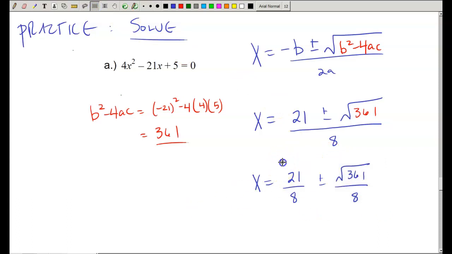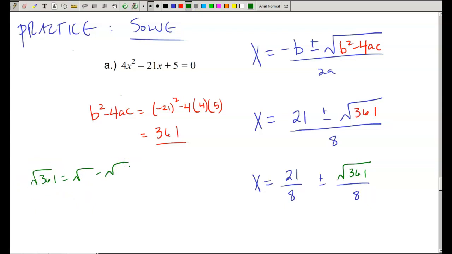The thing that I want to check here, though, is if I can reduce either one of these columns. So first, can I reduce 21 over 8? And no, I can't. That fraction I can't reduce. What about this one right here? Well, if that radical is not in simplest radical form, I would want to put it in simplest radical form. So the question is, with root 361, can I reduce that?